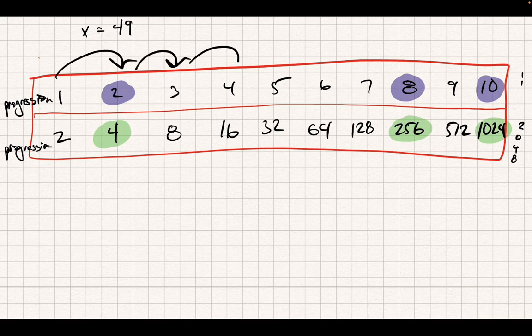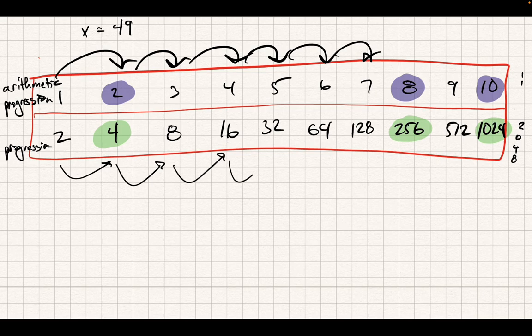Chord progression. Well, that one was just add 1. What kind of progression is this one called? Double. Well, 2, double. Geometric. That is a geometric progression.